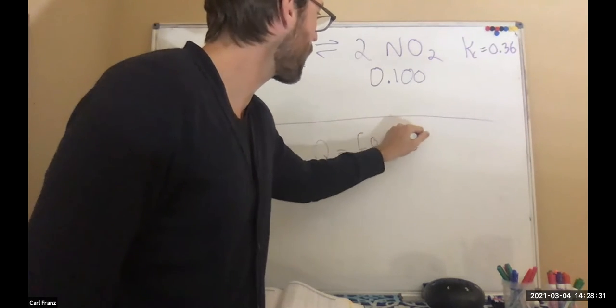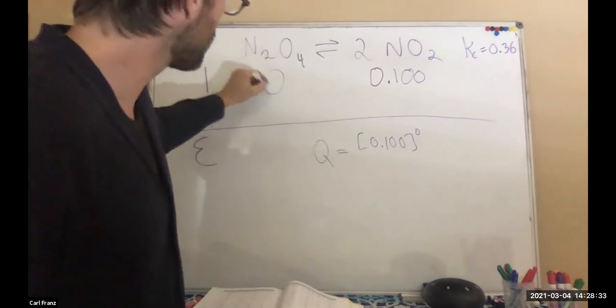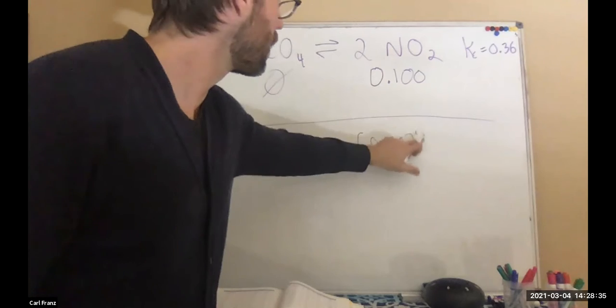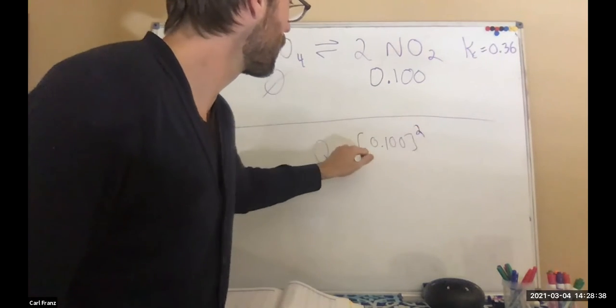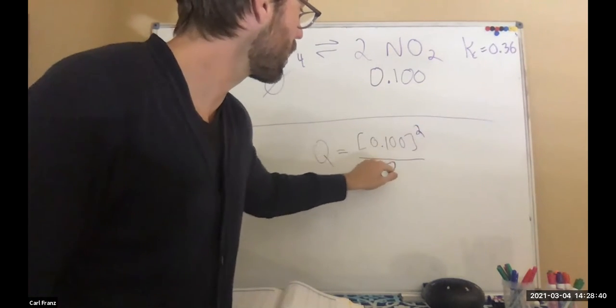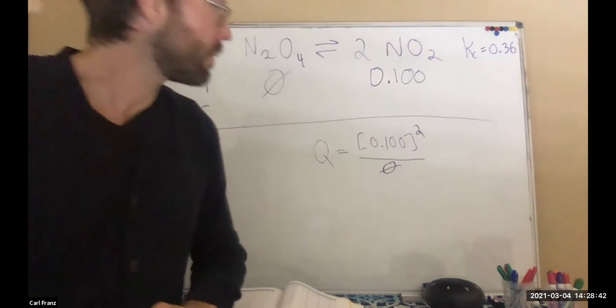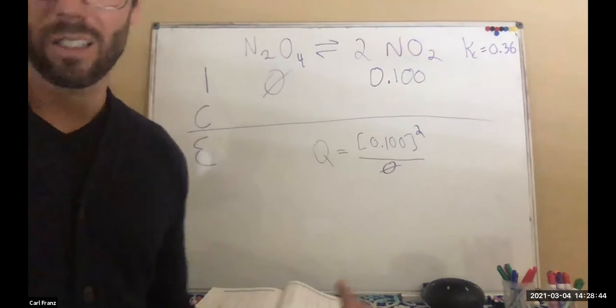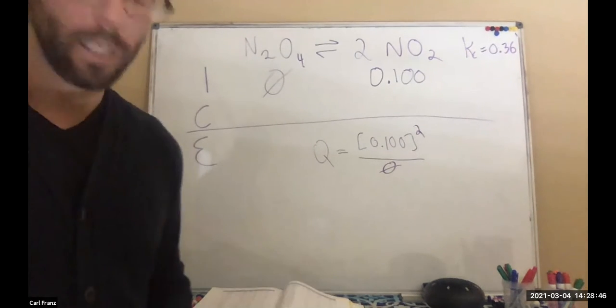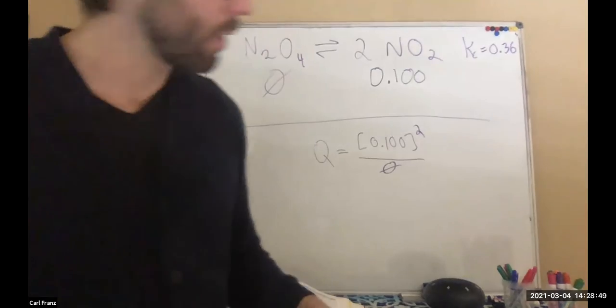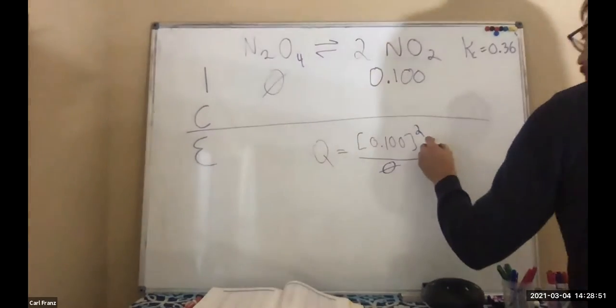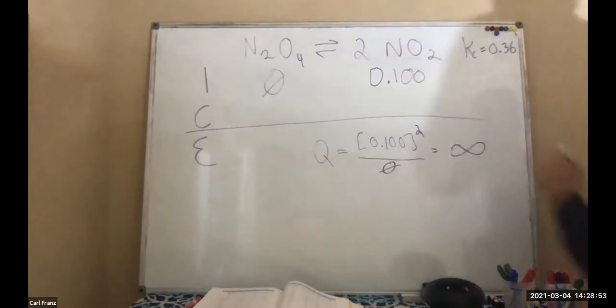0.100 squared over what's this? That's 0. Now, if you put 0.100 squared divided by 0, you might get an error. Or depending on your calculator, you might get infinity.